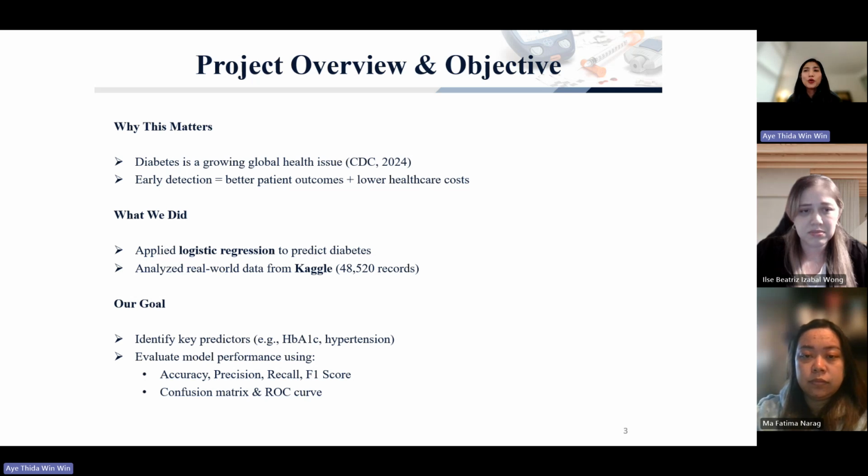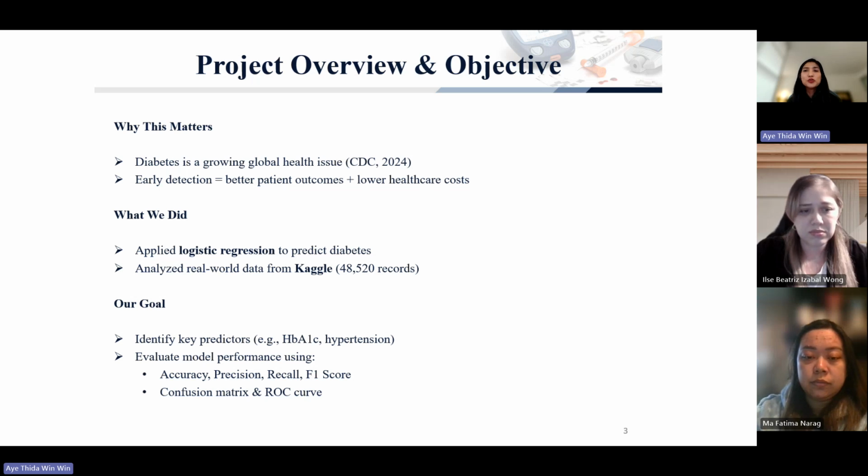Diabetes is a growing global health issue. According to the CDC, early detection can lead to better outcomes and reduce healthcare costs. In this project, we use a real dataset from Kaggle with 48K records.